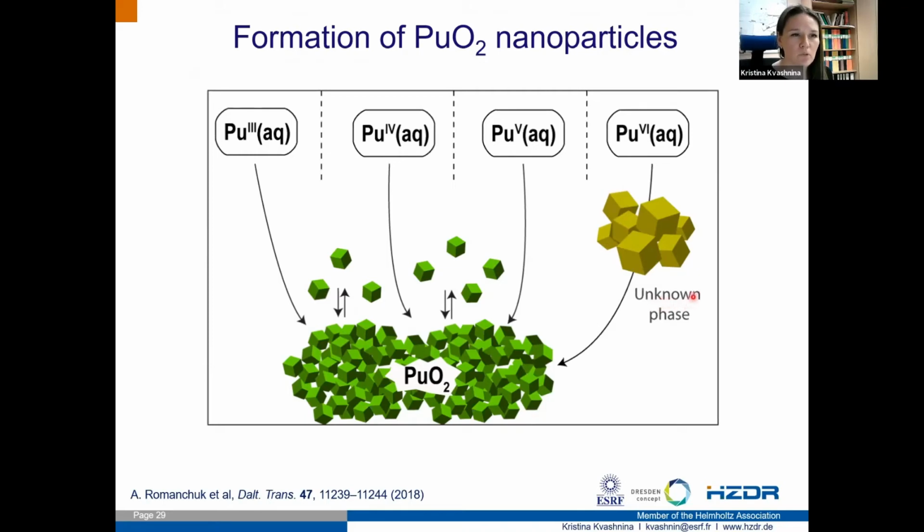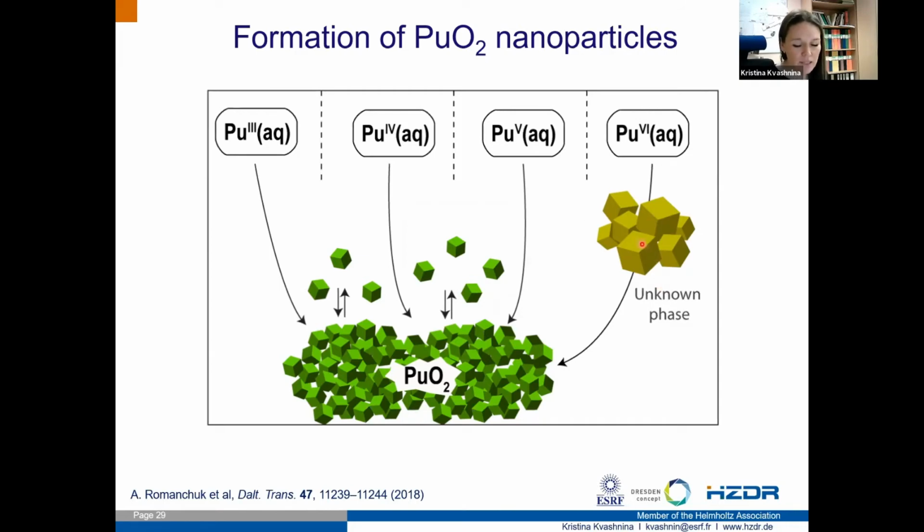So we took this phase during the synthesis. In fact, we thought that synthesis had taken place, but it didn't finish. So it was some kind of luck that we were able to look at this phase before the final formation of nanoparticles took place.